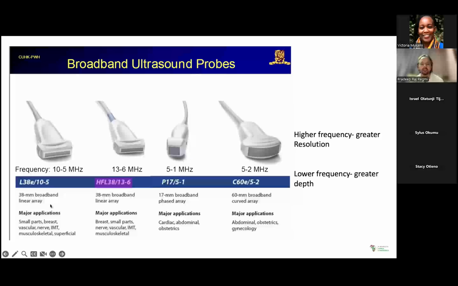So these are the four different probes with different frequencies, and the target images are different organs. We have to remember that the lower the frequency, the greater the depth. So it is most important in obstetric ultrasound: lower frequency like 2 to 5 megahertz with greater depth penetration.